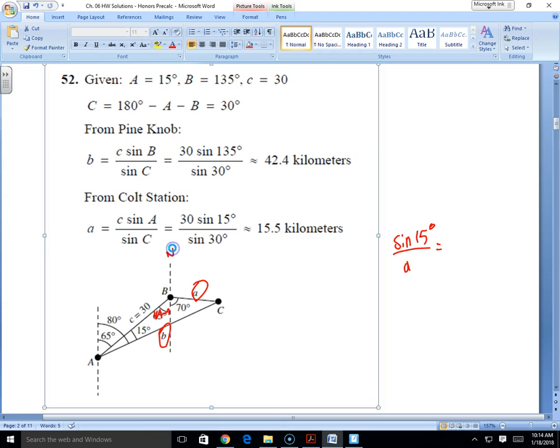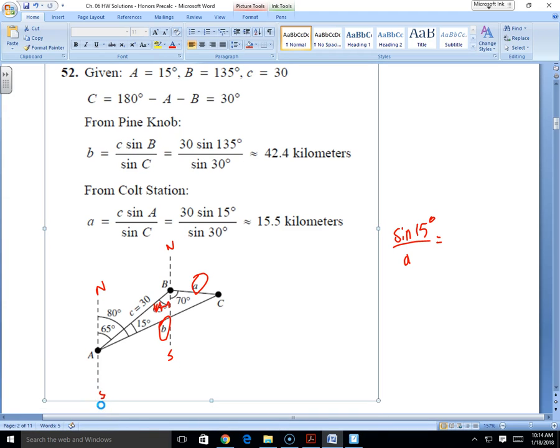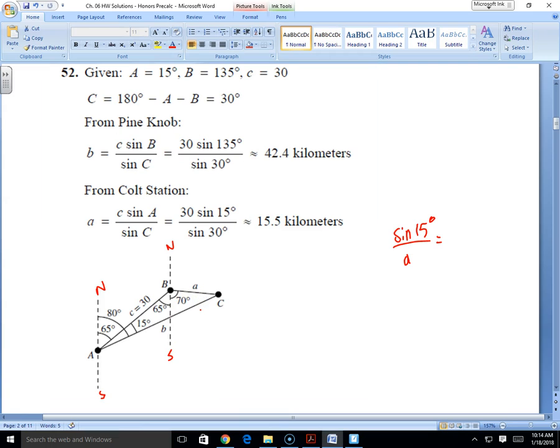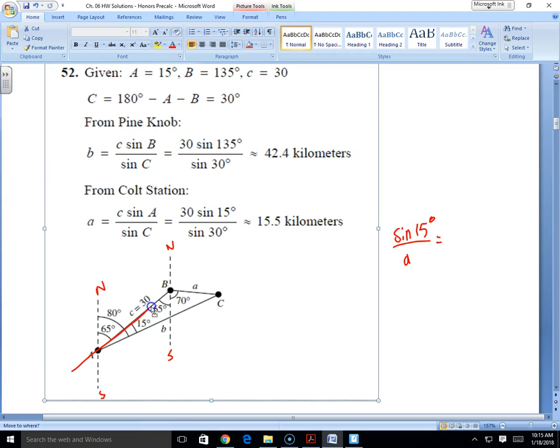So this is north, this is south, this is north, this is south. Which means, what is the relationship between these two lines? Parallel. Since they are parallel, we're able to use geometry. And that's where the 65 comes in. It is the key. This can be a transversal, right?